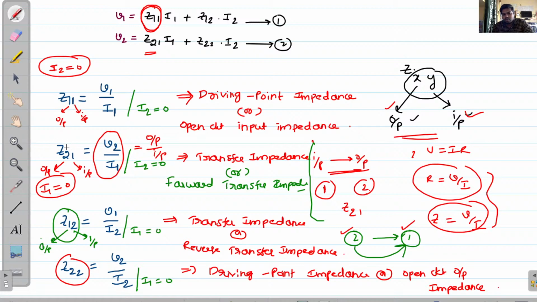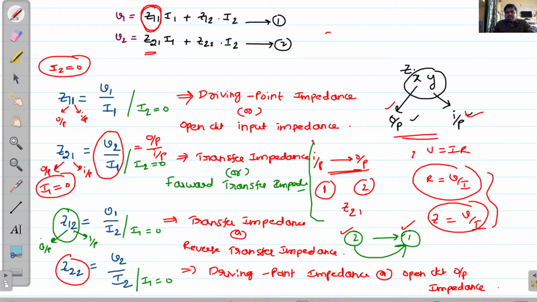From this Z21, output is related to port 2, so I take the port 2 voltage. One is related to input, so the denominator is I only, but port 1 I or port 2 I is important. From Z21, I have to consider port 1 related I1.